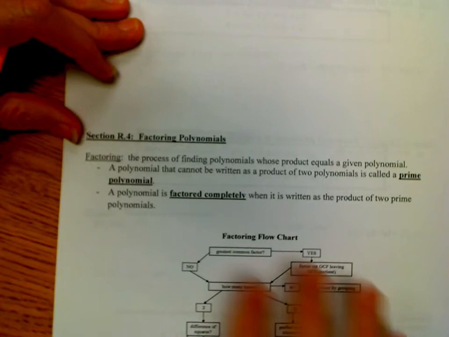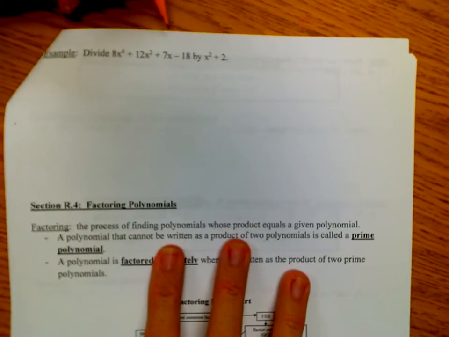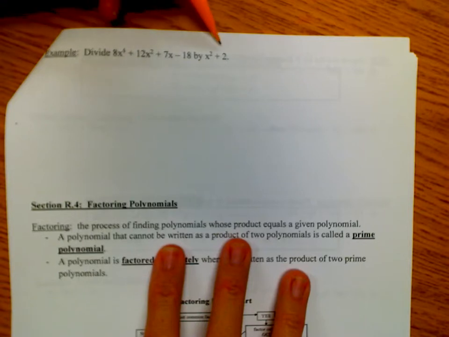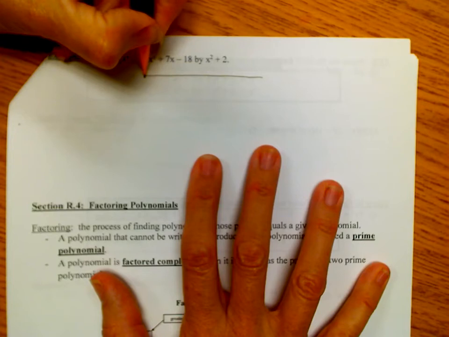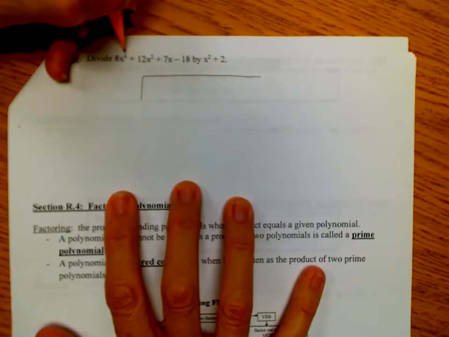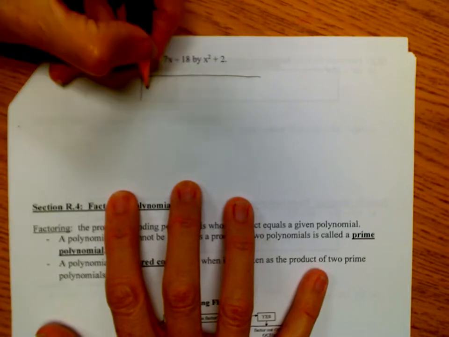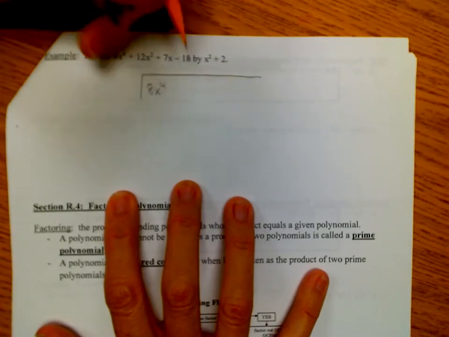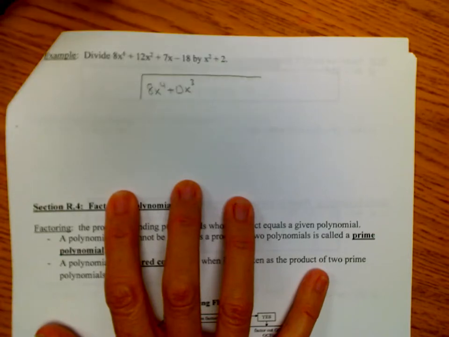Now in this problem, we are dividing 8x to the 4th plus 12x squared plus 7x minus 18 by x squared plus 2. When we set up our problem, the first thing I notice is that my exponents go from 4 to 2. So I'm missing an x to the 3rd, and I will need a placeholder. I will just put in 0x to the 3rd because I have none.